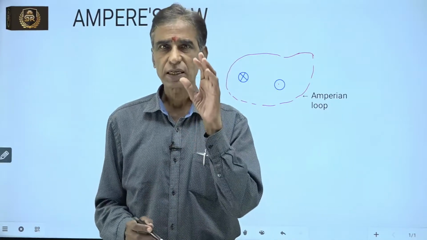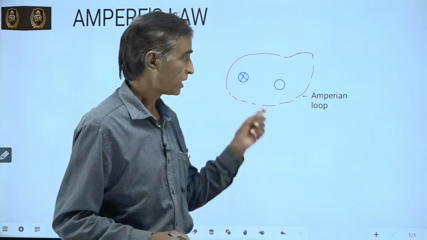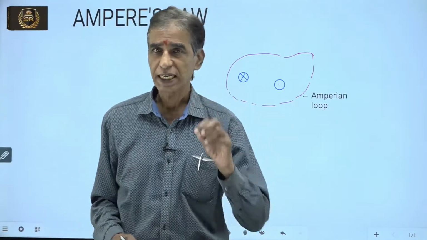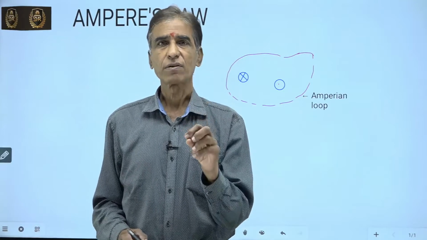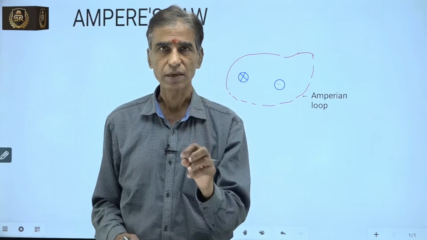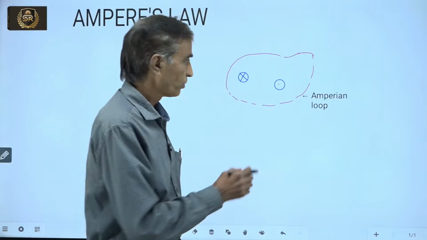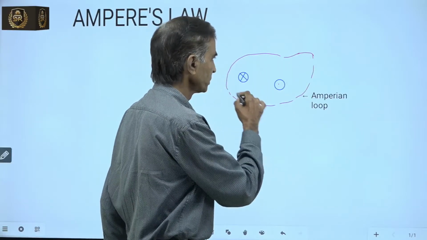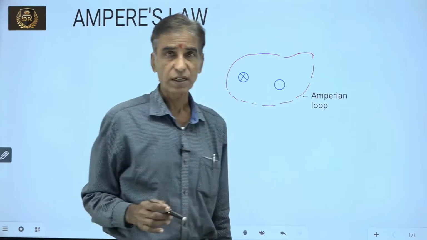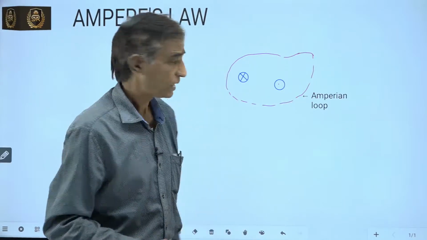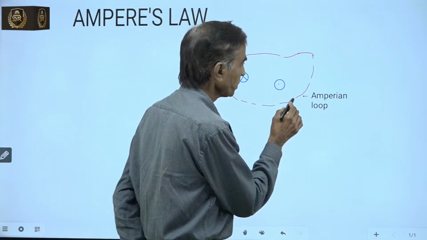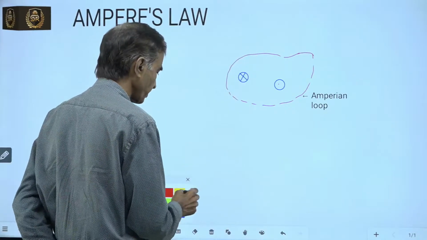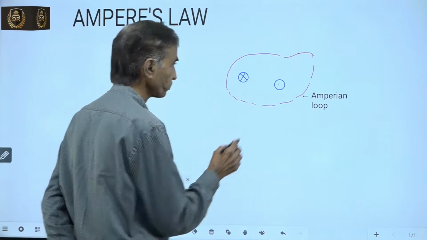Now, according to Ampere's law, if we take the line integral, that means we are going to perform integration around this loop. Then we call it a line integral. First we will take one small element on the surface of the loop.